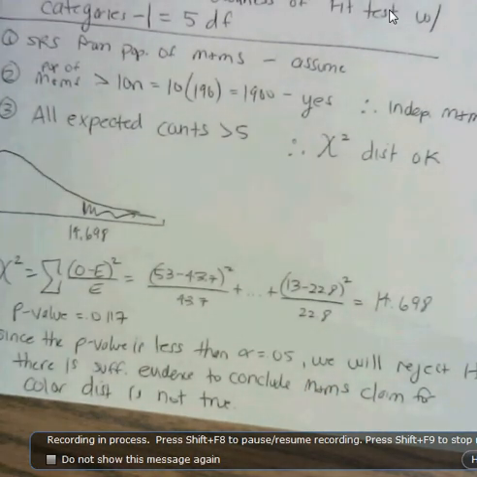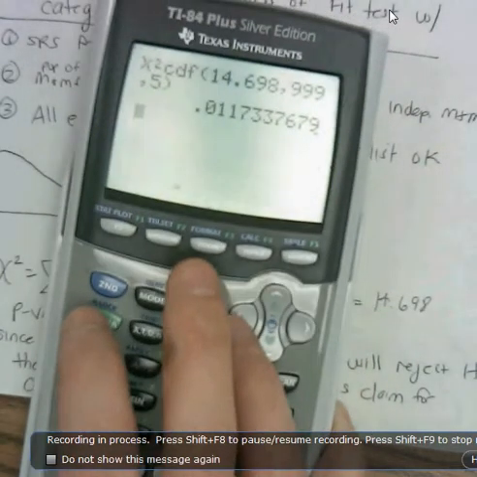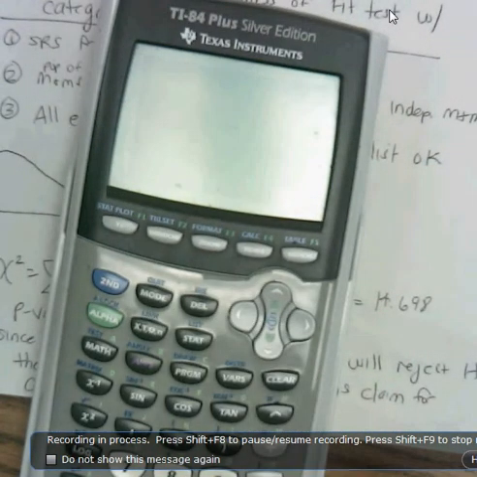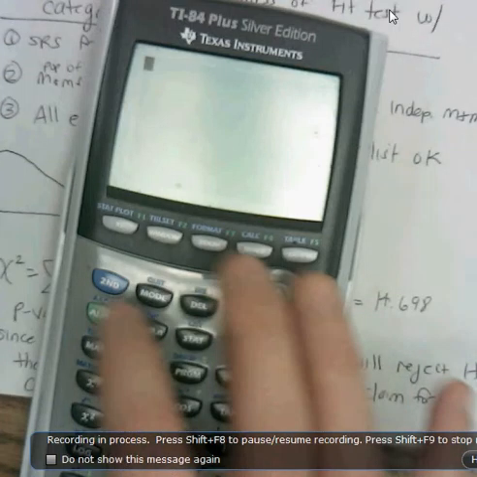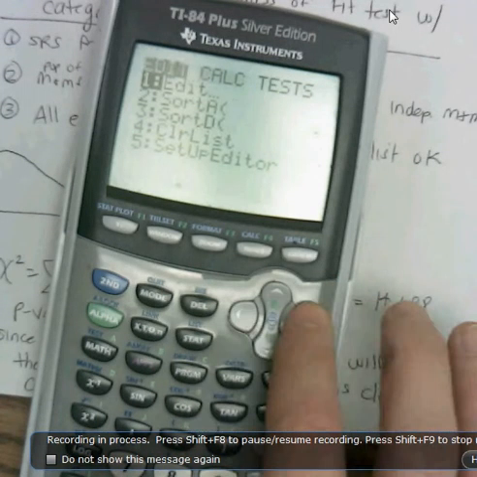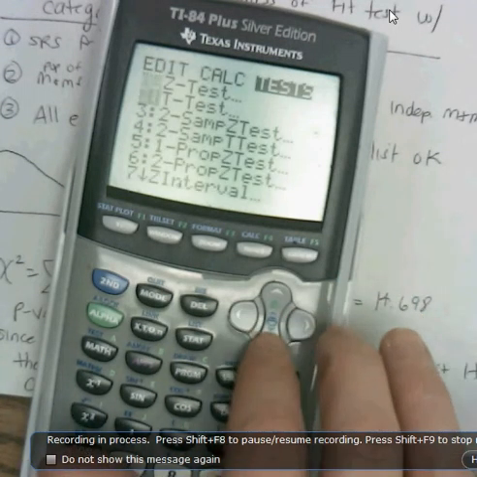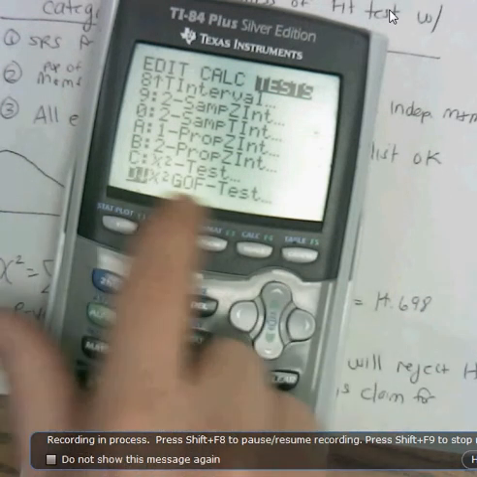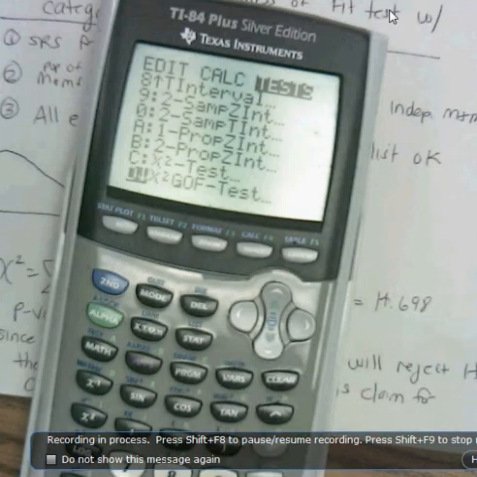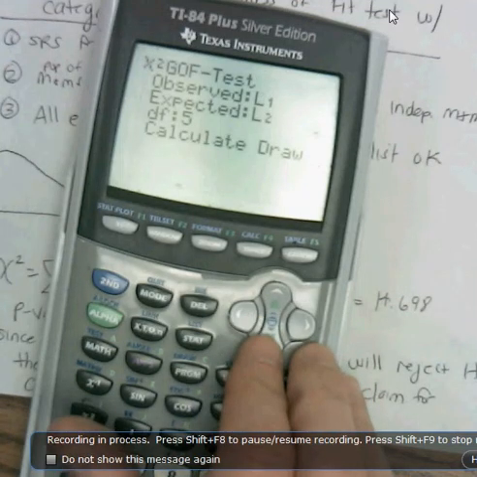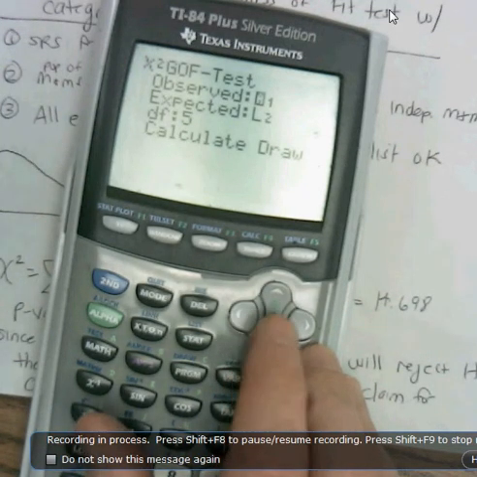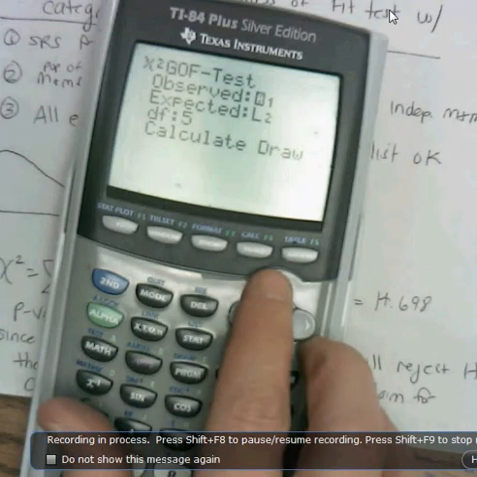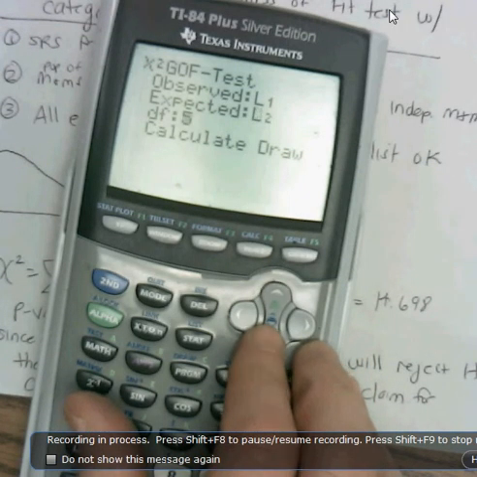Some of you with newer calculators, the older calculators won't have this, but I'm just going to show you. Some of you actually have in the test menu, you can go down, you'll see a chi-square test, and it's chi-square goodness of fit, GOF test. Press enter. Some of you don't have this. It's kind of annoying, but L1 is your observed, expected is L2, degrees of freedom is 5.